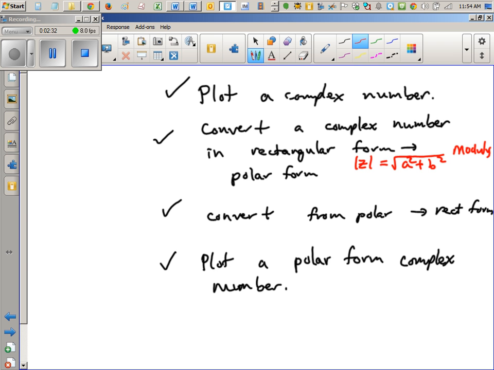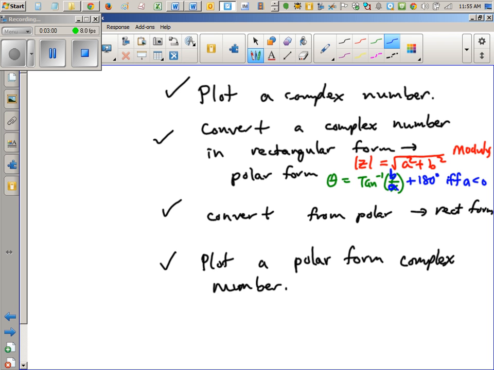Then we also talked about theta. Theta is the other thing you need if you wish to write in polar form, and that is the formula inverse tan of y over x. And you're supposed to add 180 if and only if a is negative, and I'm not supposed to be using y and x.